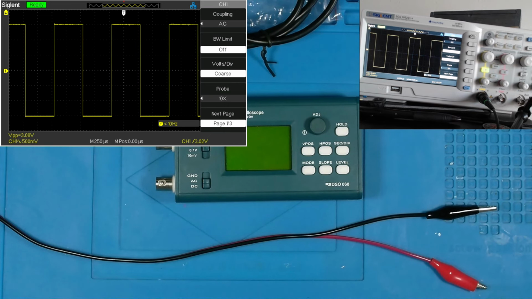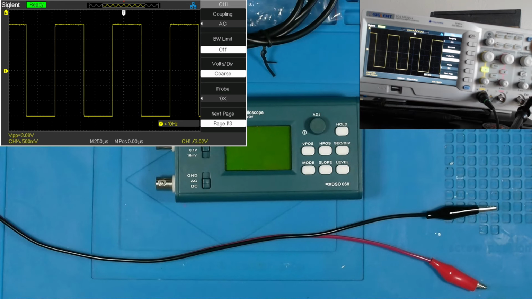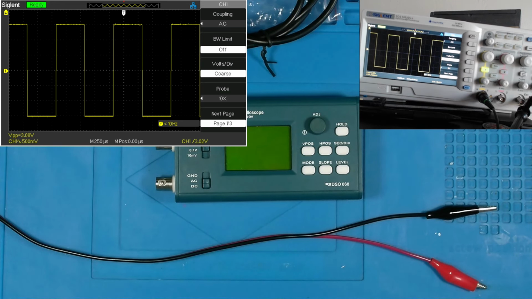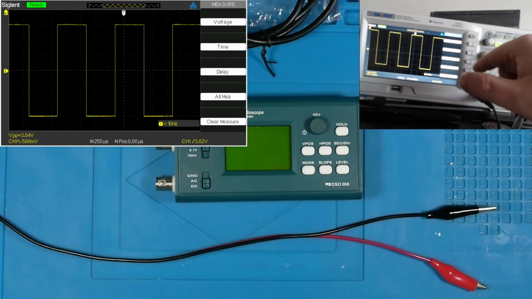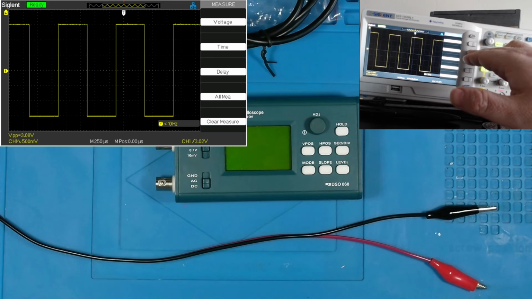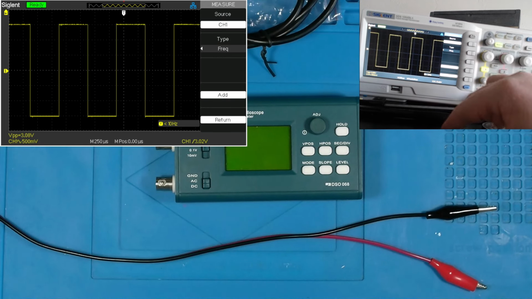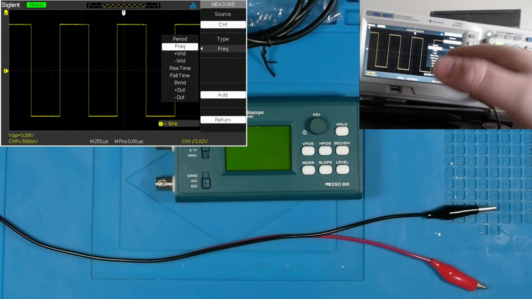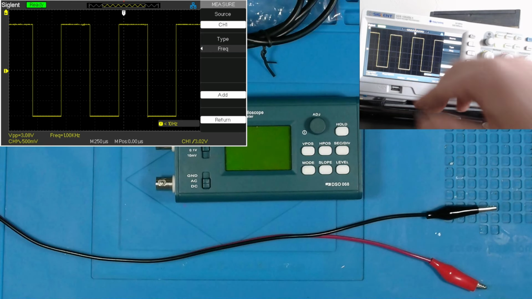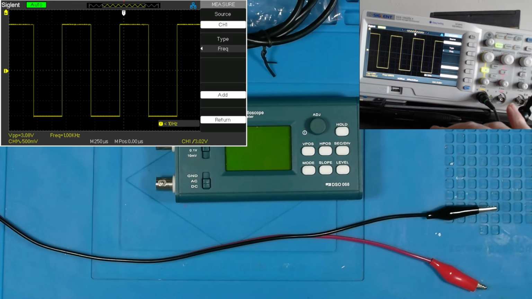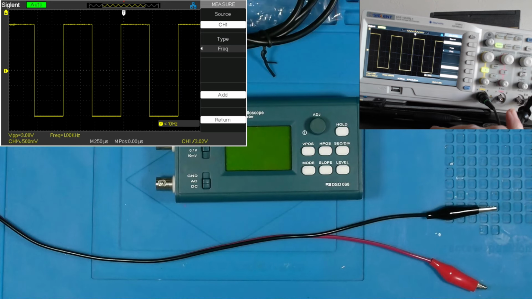Make sense? And we can also do frequency measurements, at least with this oscilloscope. I'll go ahead and show you that. We go to time, we go to frequency, we click add, and it's telling us we got a 1 kHz frequency coming through the oscilloscope.